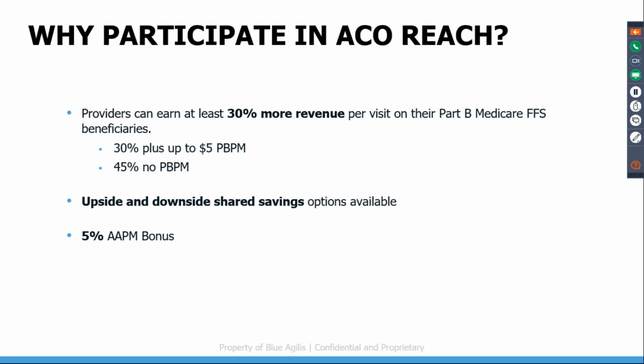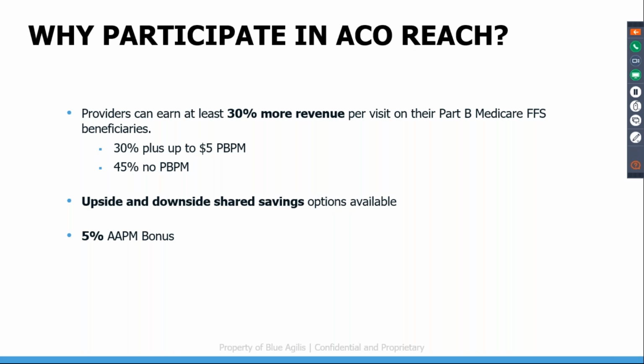So continue to talk about the benefits and why should you participate in this ACO REACH program? Well, providers can earn at least 30% more revenue per visit on their Part B Medicare fee-for-service beneficiaries, 30% plus, depending on the size of your organization, 30% plus up to $5 per beneficiary per month, or 45% without the per beneficiary per month incentive payment.